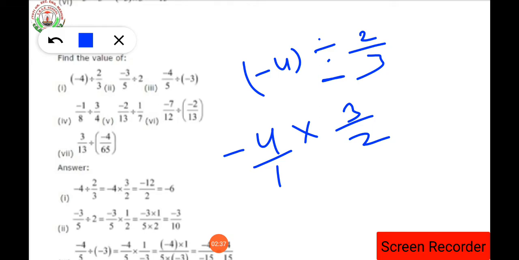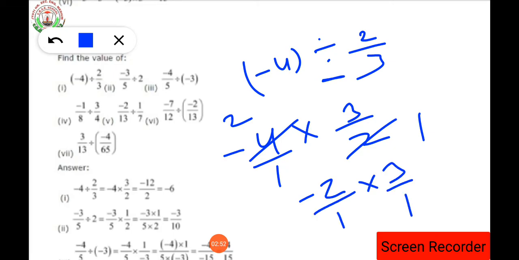So in order to change the divide sign into multiplication sign, we reciprocated 2 by 3 as 3 by 2. Now 4 and 2 will get cancelled by the table of 2 itself. Now minus 2 upon 1 into 3 upon 1 gives minus 6 upon 1, that is minus 6 is the answer for this.